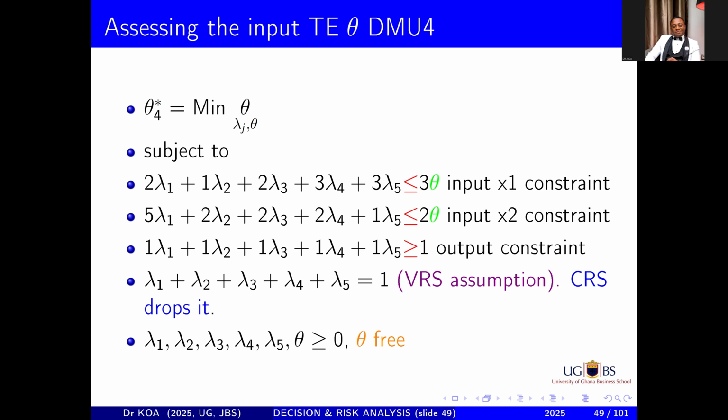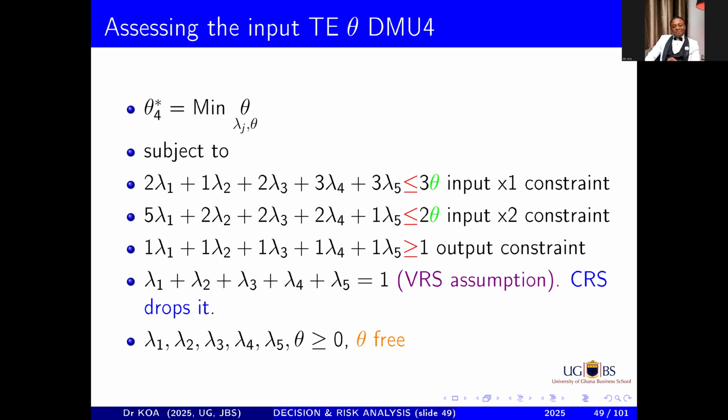And we suggested that if it is less than or equal to x1, then we are creating inefficiencies. It means that the technology is within the inputs. For DMU4, its x1 value was 3, so 3 lambda 4. So the right-hand side too is 3. I think we attach a theta, perhaps suggesting that it's an input orientation.